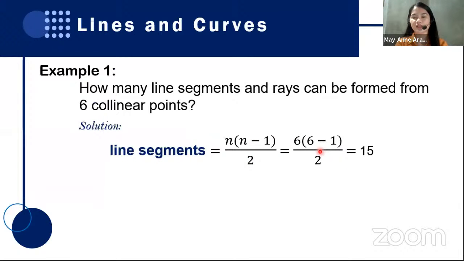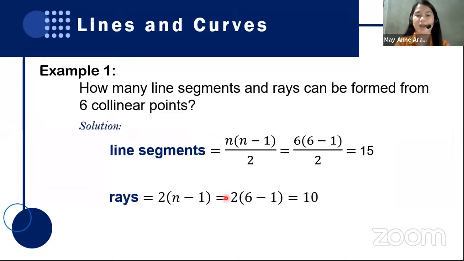So you have 6 times 6 minus 1, so 5 times 6 is 30, divided by 2. You have 15. And for the number of rays formed, since these points are collinear, we use this formula: 2 times the quantity of n minus 1, so 6 minus 1 is 5, times 2. So you have 10. There are 10 rays and 15 line segments.